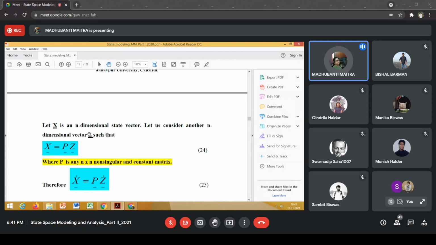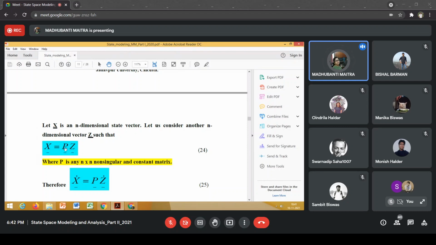So let us assume a different set of variables denoted by z bar, and this set of state variables is related to the set x bar by this equation, where x bar is equal to P into z bar, right?